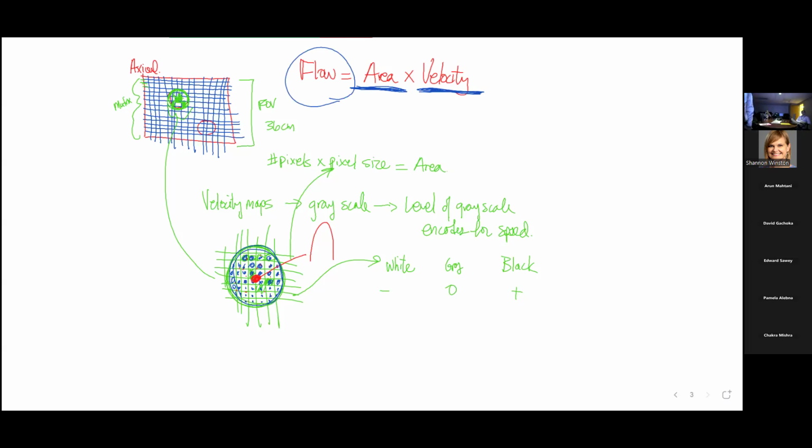And remember the phase encodes? Remember these guys? So you had this guy and this guy together, right? And so one of these is set so that everything's going to be 0, and this other one is set to measure this dynamic range of velocity from the most negative to the most positive.